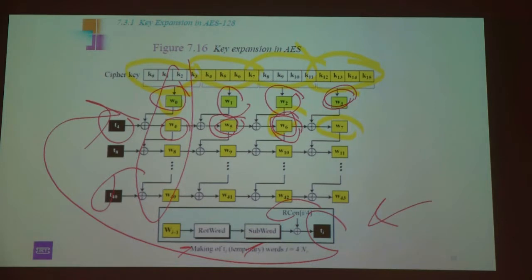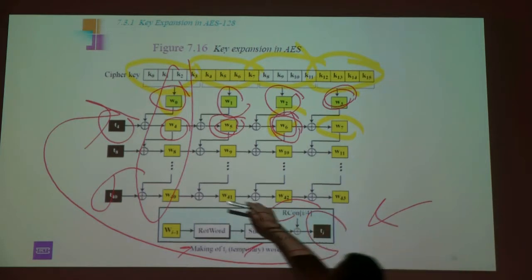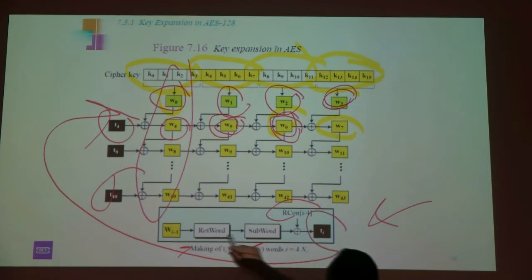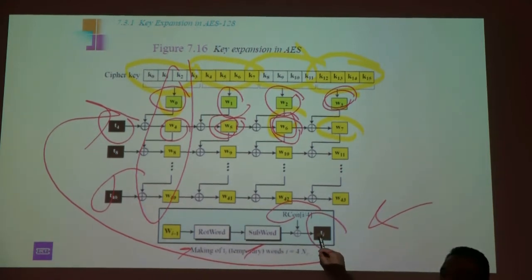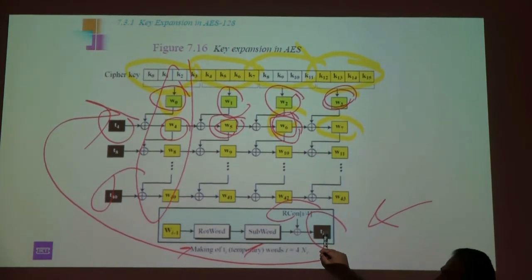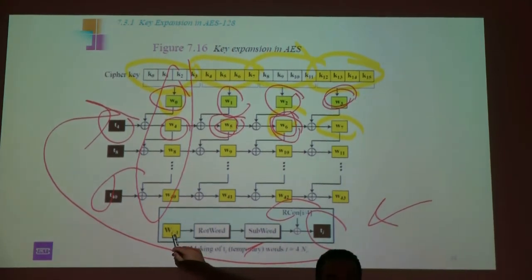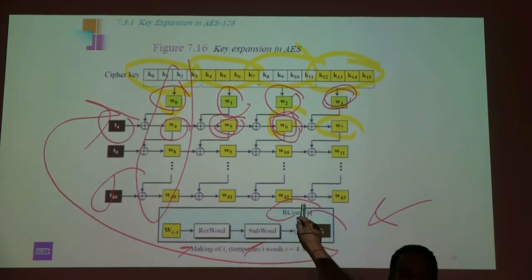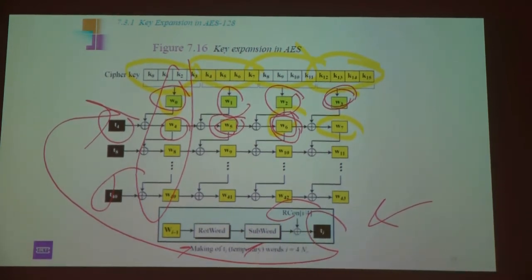Every key word is easy to generate except the one on the left, which is W4, W8, and W40. So we have to use this formula for that, because we have to generate the T first. How do we generate the T? We take the word before it, do rotation and substitution, and XOR it with a constant, the round constant they call it, and we generate it.